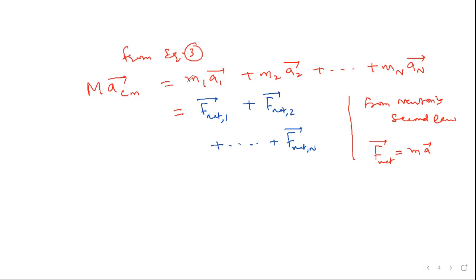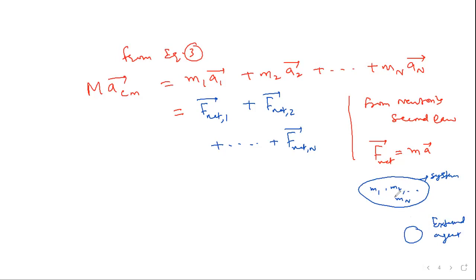Now, net force on particle 1, we are talking of a system of particles. I have a system of particles M1, M2, and so on up to Mn. This is my system, right? Net force on particle 1 will be because of other particles in the system and some external agent exerting force on M1.